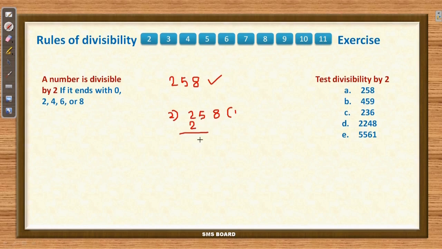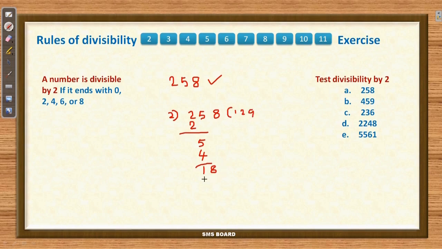So 5 comes down by the division method. Out of 5, 2 will go 2 times. So 2 into 2 is 4. Then remainder is 1. Then this 8 will come down, 18. Out of 18, 2 will go 9 times.